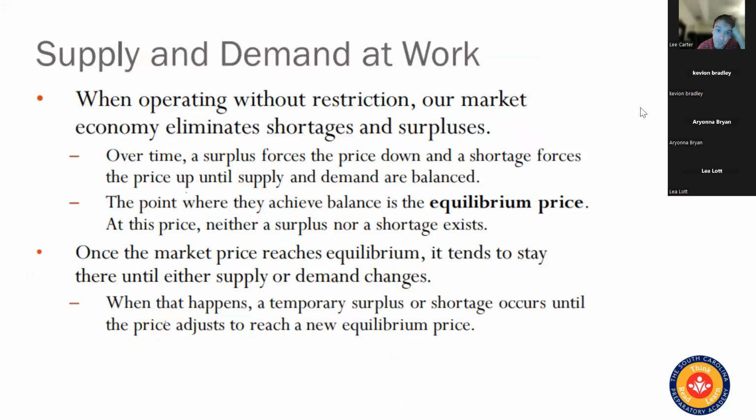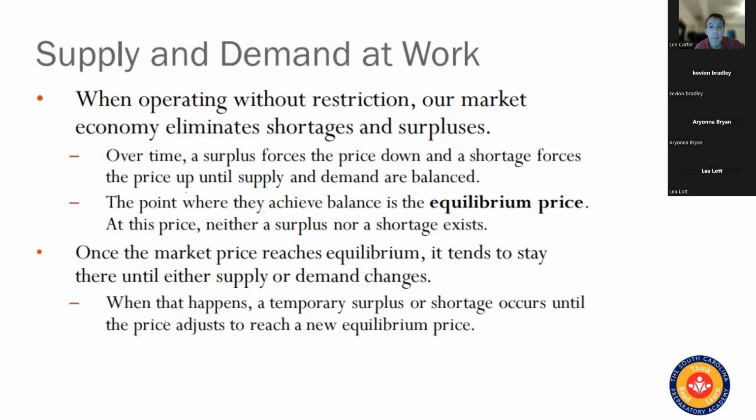So when you're not restricting what the prices are, the idea of our economy is, and this is true, regardless of how you feel about market capitalist economies versus more government control, more toward socialism, the supply and demand is the way prices are set in our country. It just is.